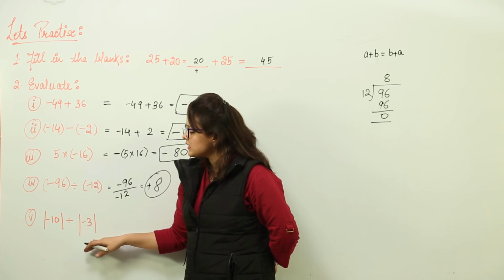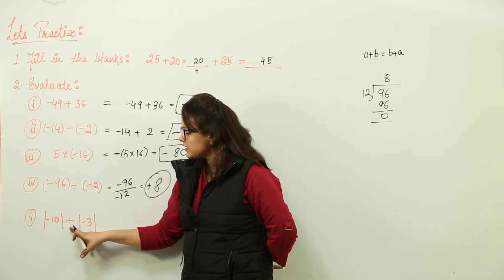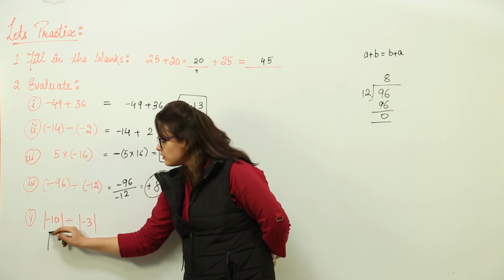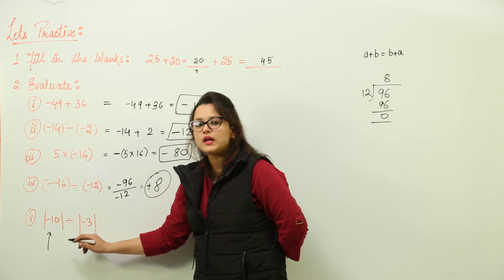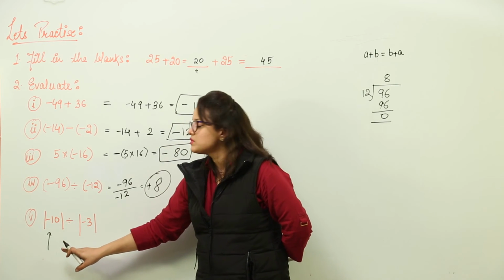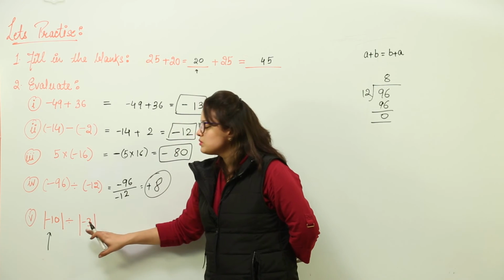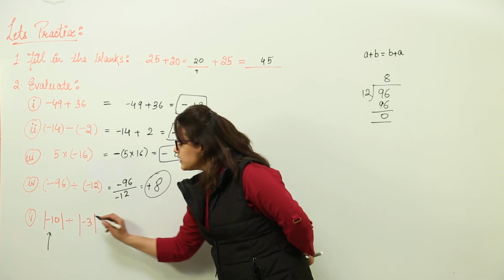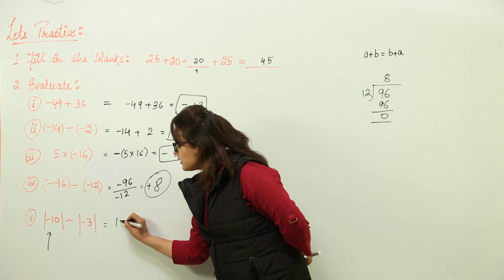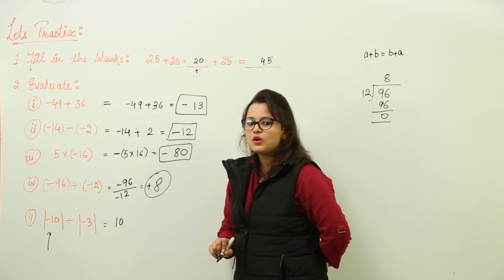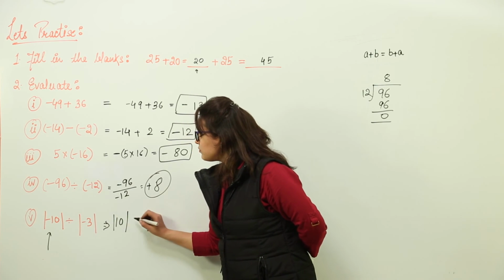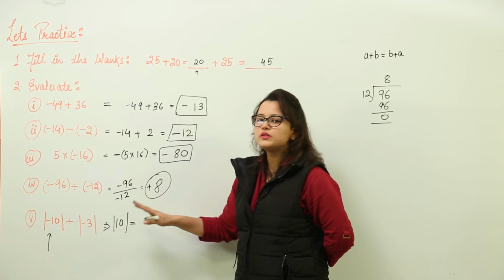The last one is evaluating this expression which has the bars. Now please pay attention here. We have the absolute value. We have to divide the absolute value of minus 10 by the absolute value of minus 3. So how are we going to do that? Before moving forward, I would suggest you do it step by step.